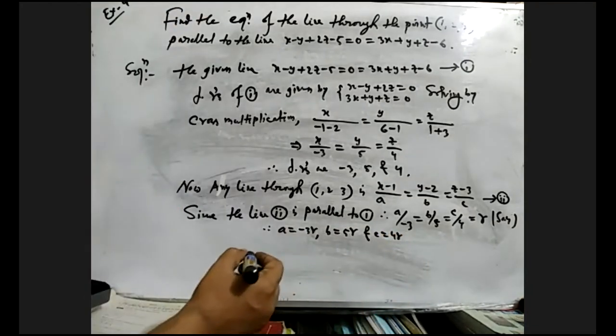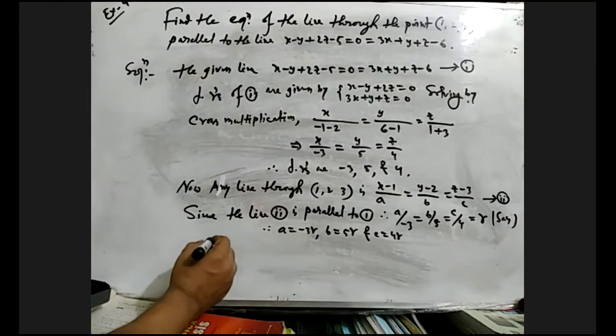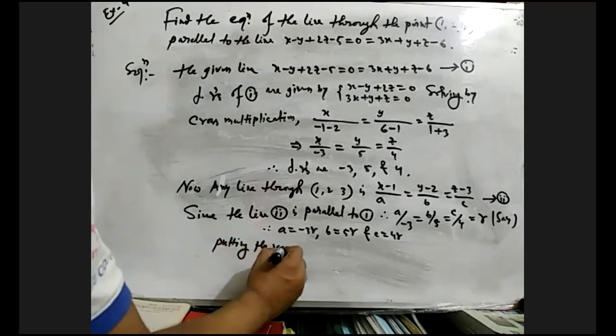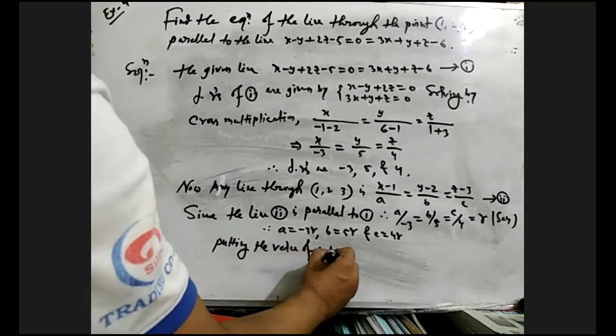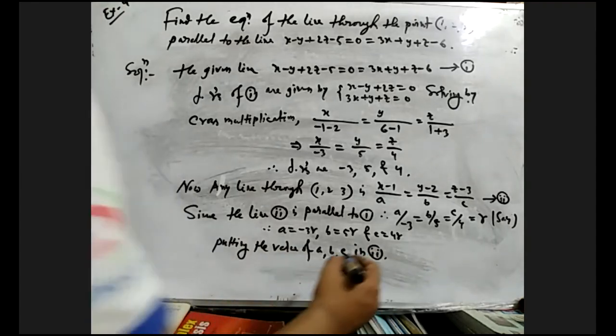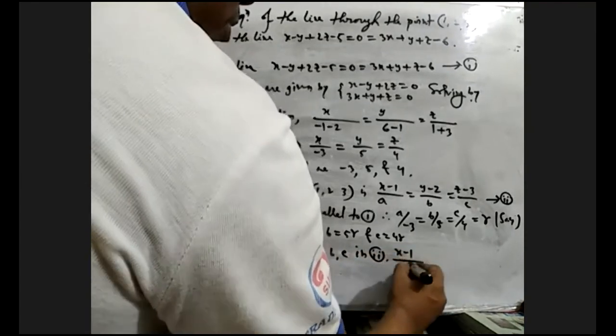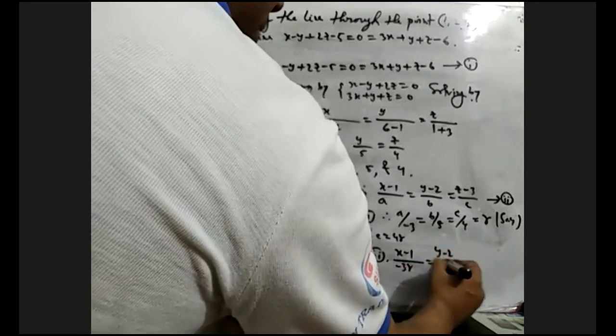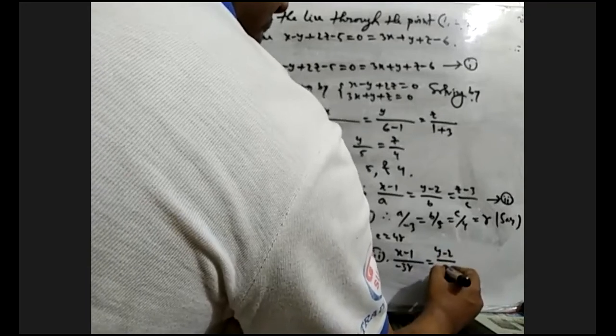Now putting the values of A, B, C in equation 2, we get x minus 1 divided by minus thrice R, y minus 2 divided by 5R equals z minus 3 divided by 4R.